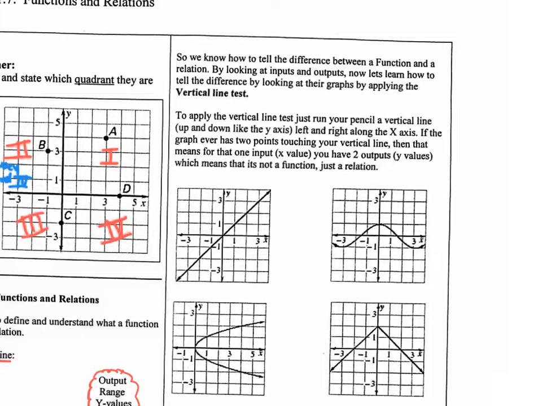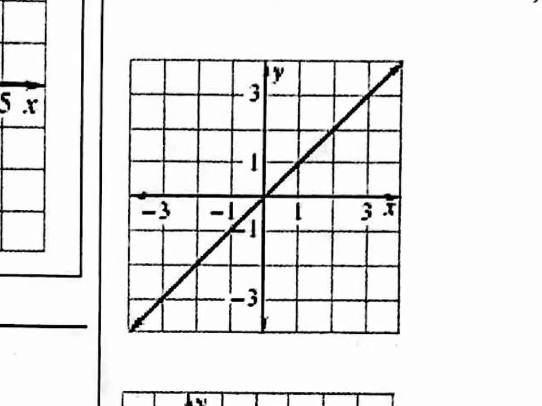So let's think about this. For each input, there's exactly one output. Each graph is actually an infinite amount of coordinates. So I have some coordinates at 0, 0, at 1, 1, at 2, 2, at 3, 3, at -1, -1, -2, -2. So if I wanted to, I could make a list of coordinates, right? 0, 0, 1, 1.